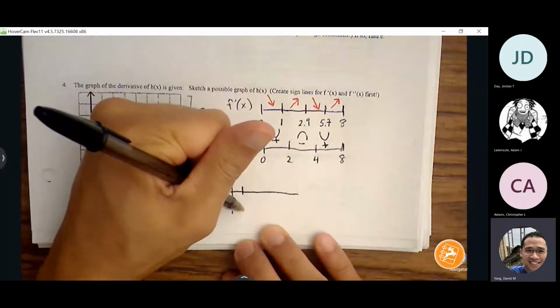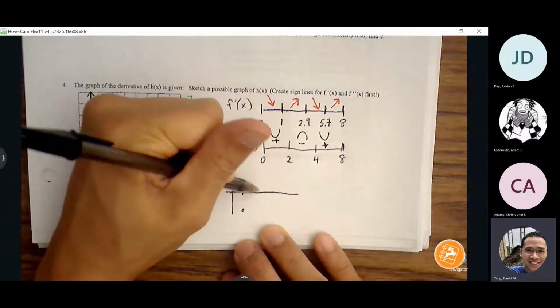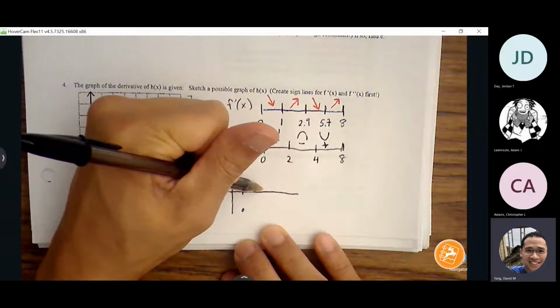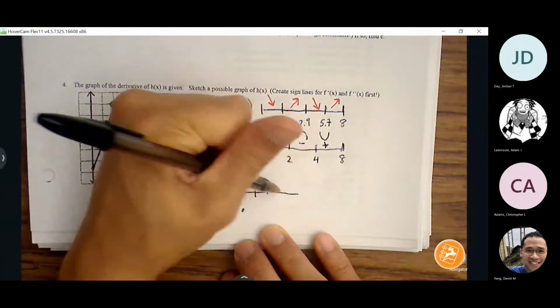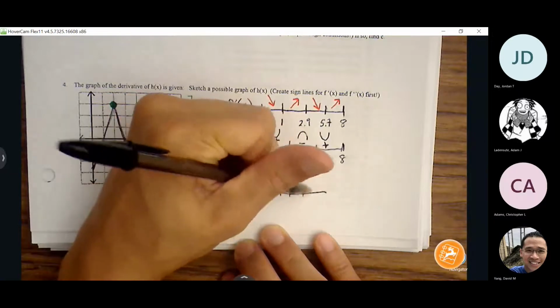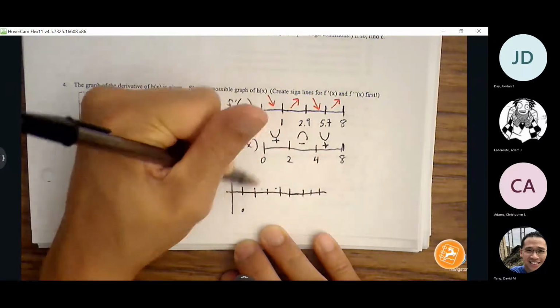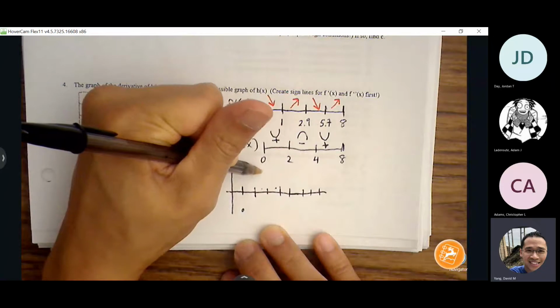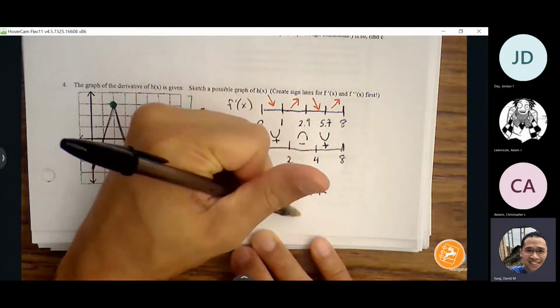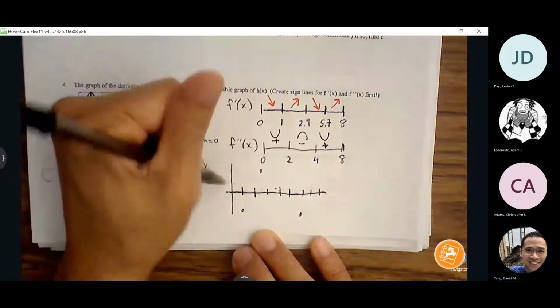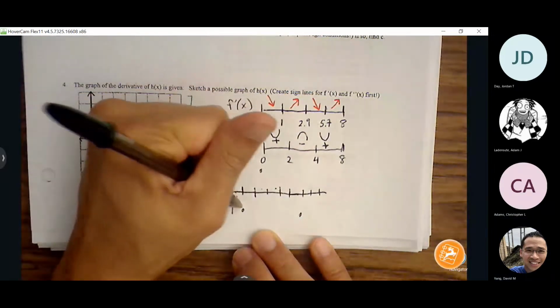So at 1, I'll target a relative min. At 2.9, I'll target a relative max somewhere here. 5.7, I'll target relative min.